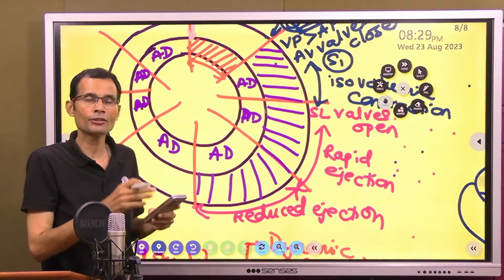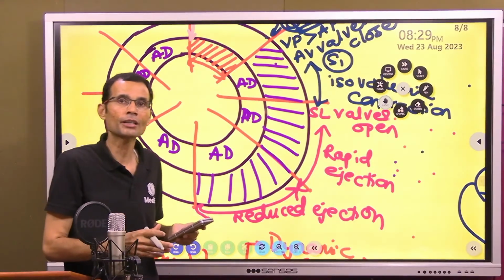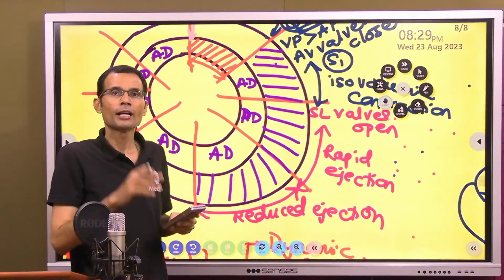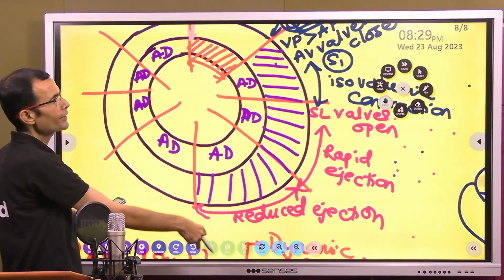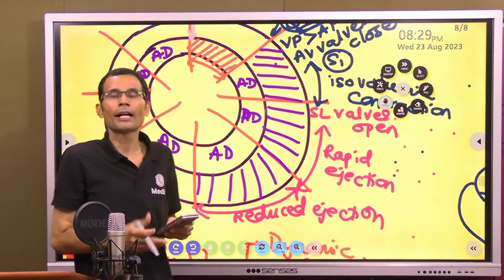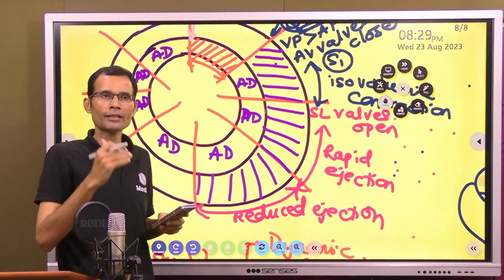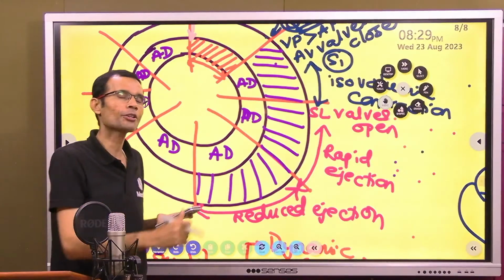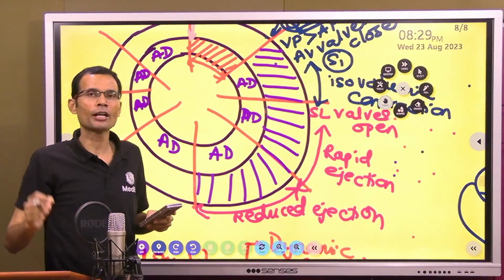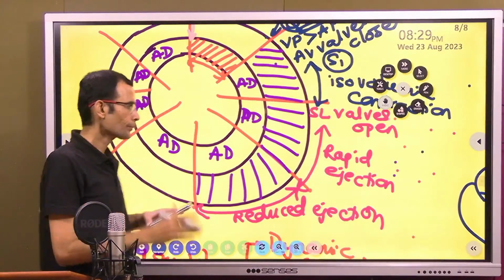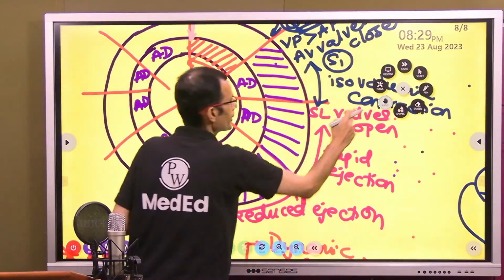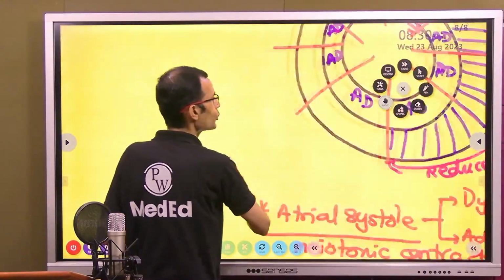So the left ventricular strength of contraction goes on increasing. Therefore left ventricular systolic ejection has been described as auxotonic contraction. As the contraction proceeds, the strength of contraction goes on increasing. So this is about ventricular systole.